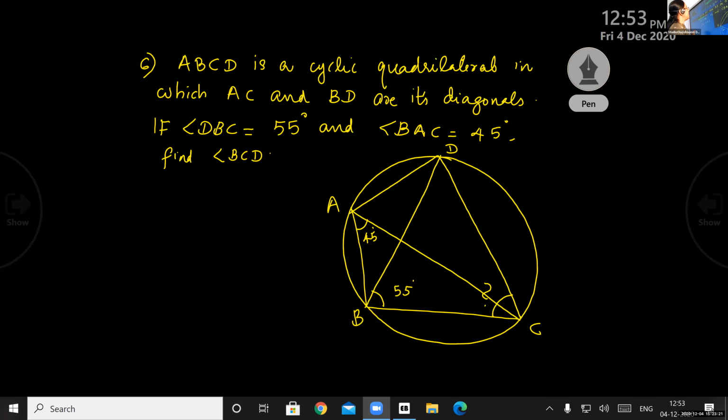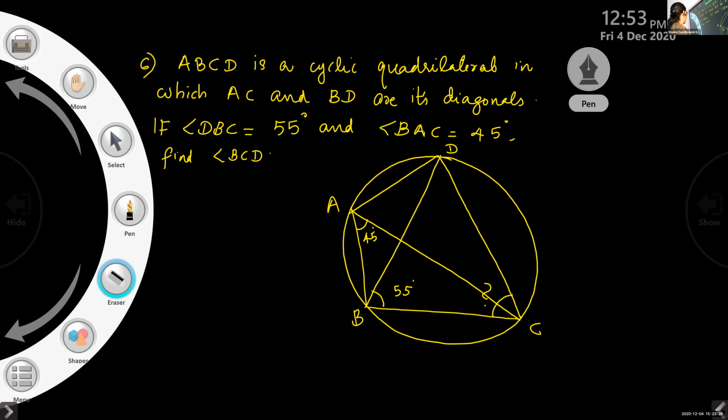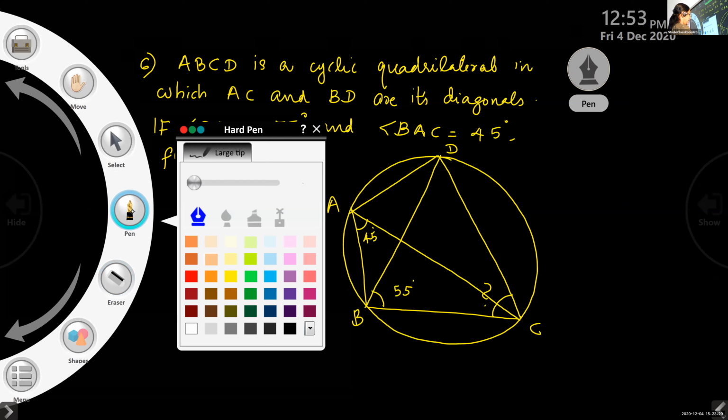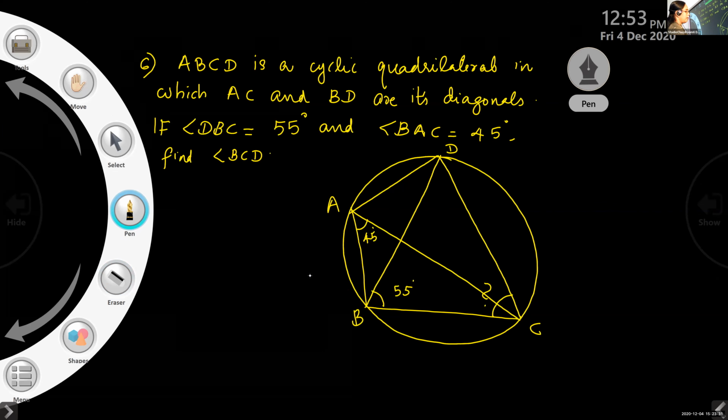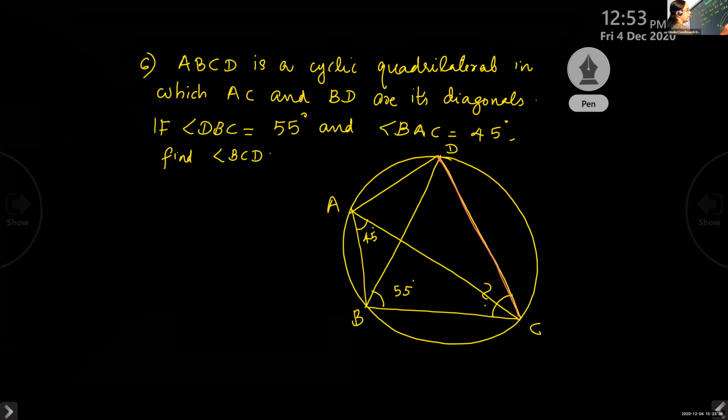Now look here. There is one easy method, then it will be very easy if you get it. Okay, I will draw with another color. Look at this chord DC. Can you see that chord DC? This chord is subtending an angle here. What is that angle, children? 55.